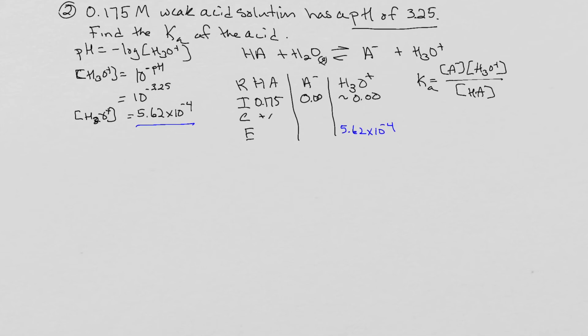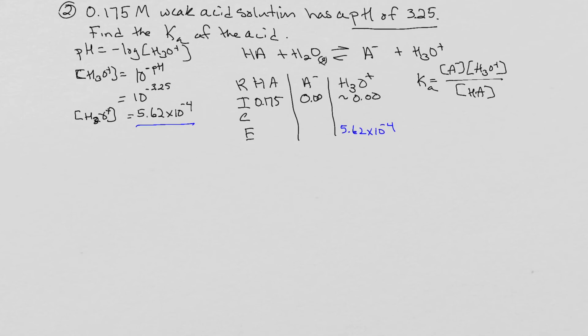But let's think about it. We don't even need to do the x variables here because we already have an equilibrium concentration. So we can do a problem like our second step when we did equilibrium problems, where we can just work for the change.